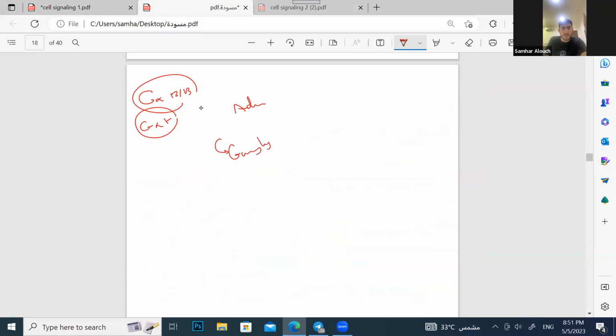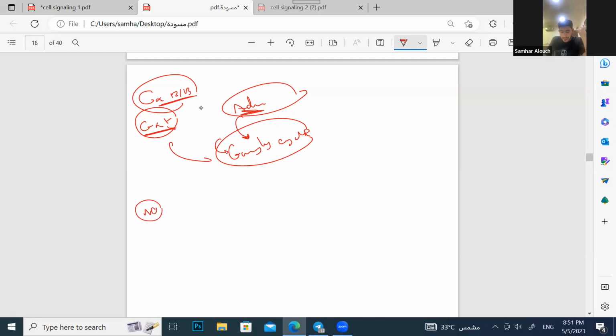You know adenosine, guanine. So G alpha T or G alpha 12 over 13 cause the same reaction as Gs, but not with adenylyl cyclase, with guanylyl cyclase. So how does nitric oxide do its work?